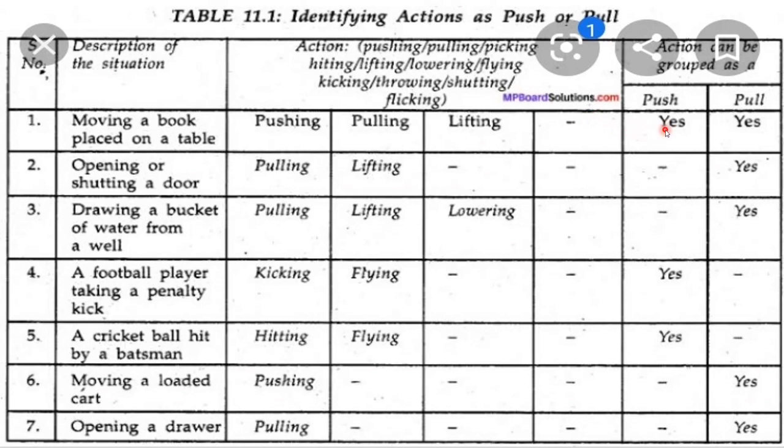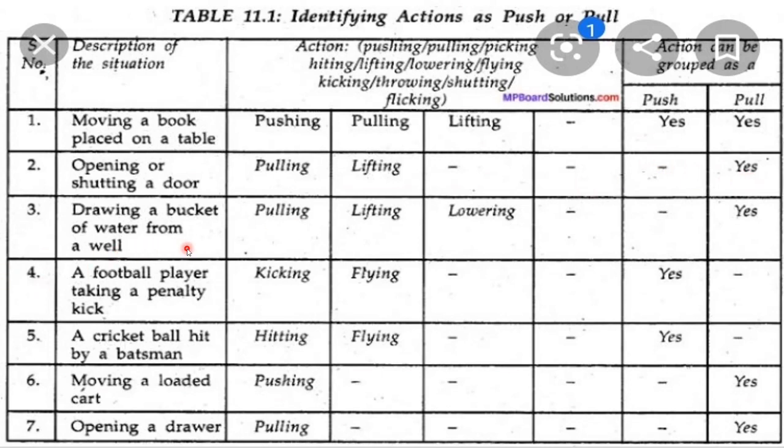It is indicating depending on the action you do. If you push it, yes, it is a push. If you pull it, then it will be a pull. Then the second situation is opening or shutting a door. So it is a pulling option as well as lifting. If suppose the door has to be lifted, then it is lifting. So yes, it is an action that is related to pull.